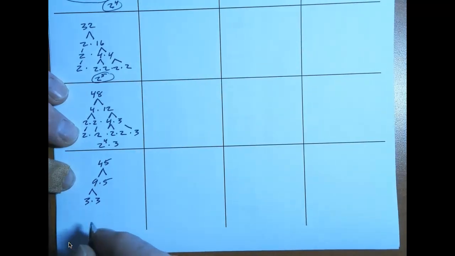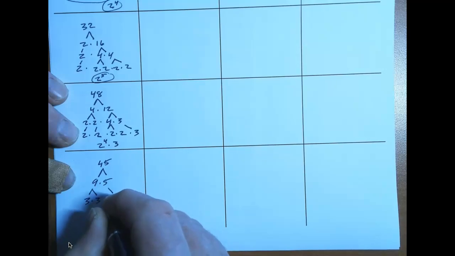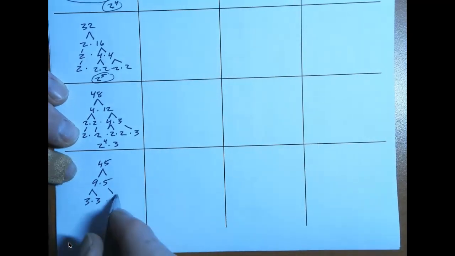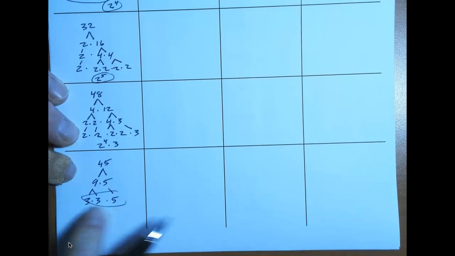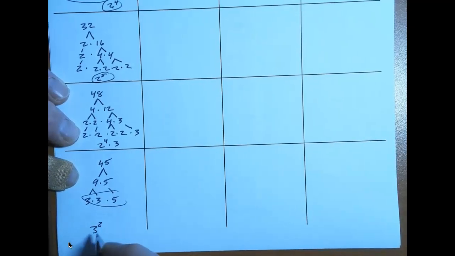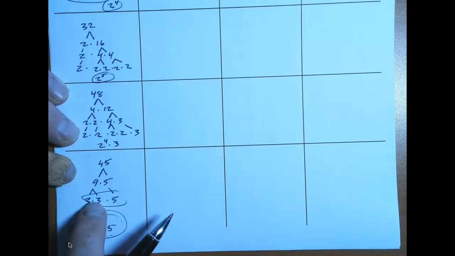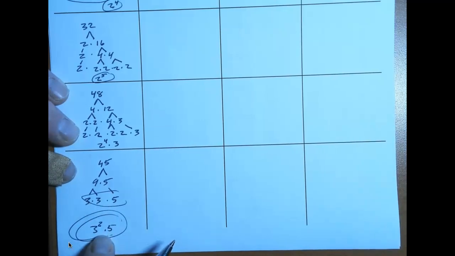Now these are both prime, they're on my list of first primes. And 5 is prime, so I can just bring that down. I don't need to go any further with it. Here's my 5th grade answer, that string of primes. In 6th grade, we write it exponentially. And there's our answer. So try to remember to take it from here to the exponential form.